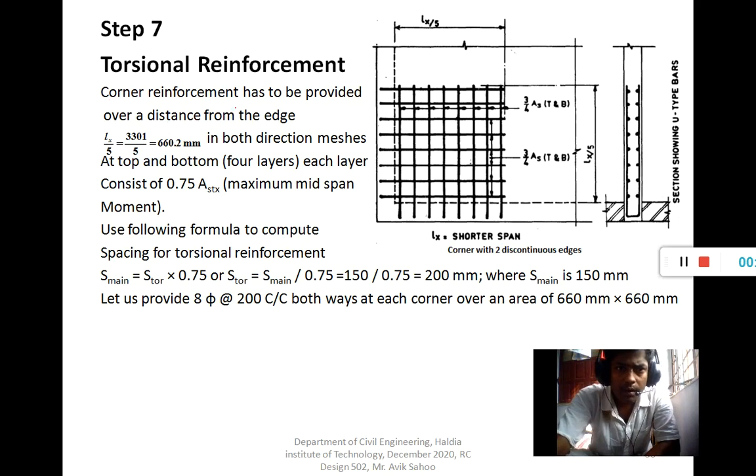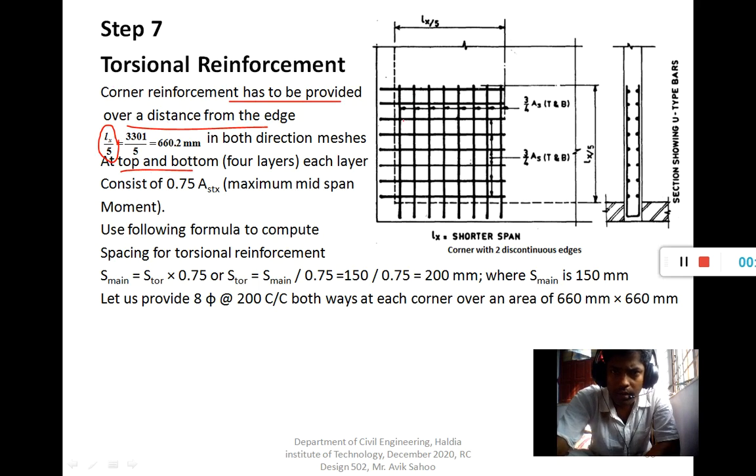It is mentioned that corner reinforcement has to be provided over a distance from the edge. Over a distance of how much? Lx by 5 in both directions, meshes at top and bottom. Such type of meshing is done.